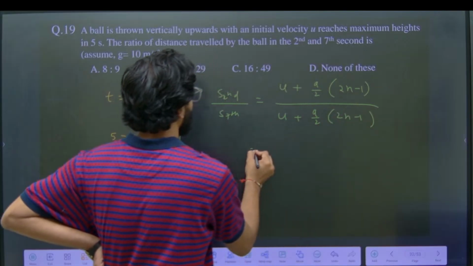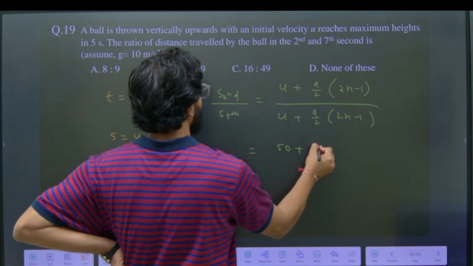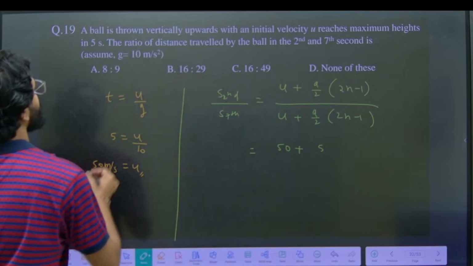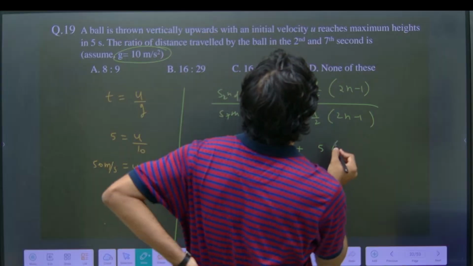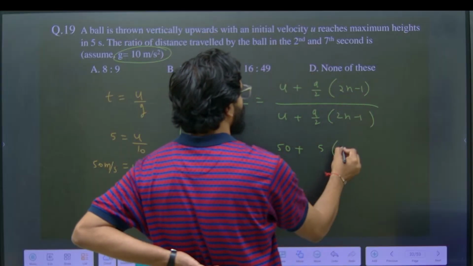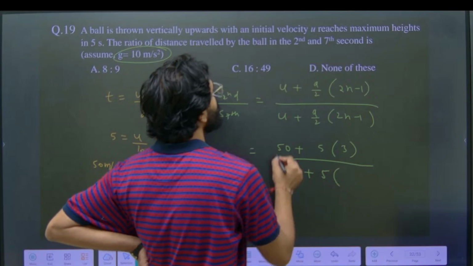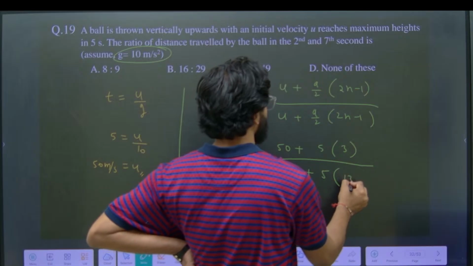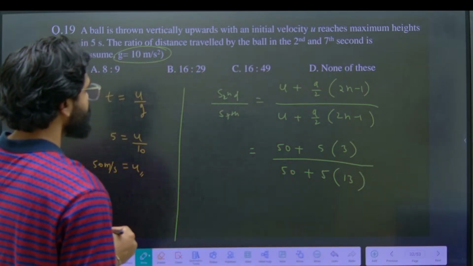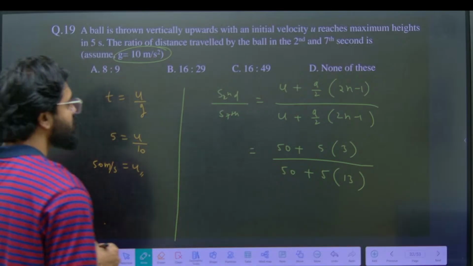The values are different. So 50 plus a by 2. Acceleration is 10, so a by 2 is 5, into how many seconds? 2. So it will be 2 into 2, 4, 3, divided by 50 plus 5 into, when we put 7, it will be 2 into 7, 14 minus 1, 13.